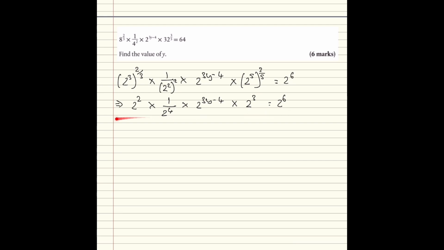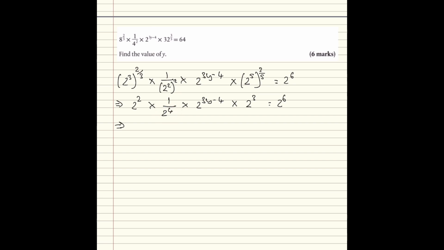Okay, now moving on to the third line of workings, we can see that the second line of workings actually looks a bit clearer and neater than what we first dealt with, because we can easily see the laws of indices working for this part. So what we can see is we've got 2 to the power of 2 and 1 over 2 to the power of 4.